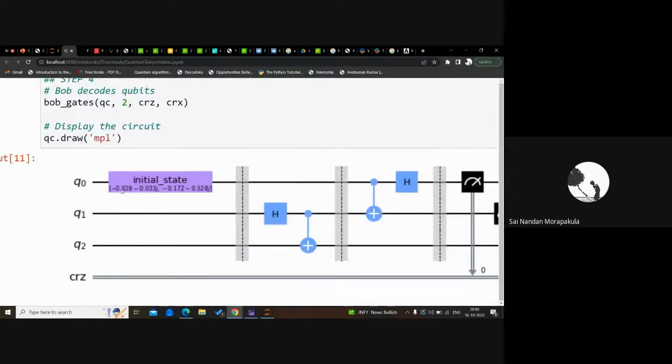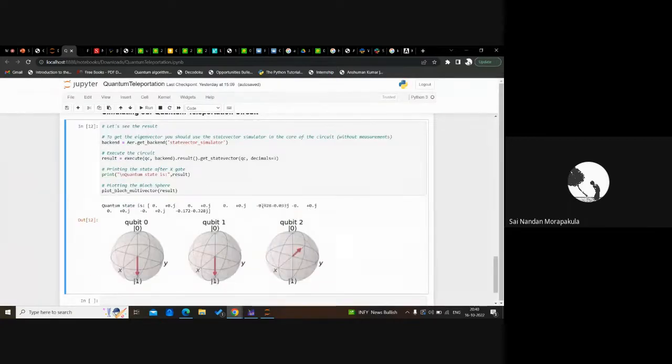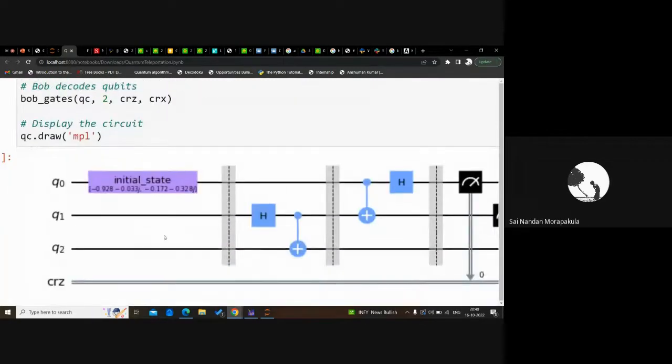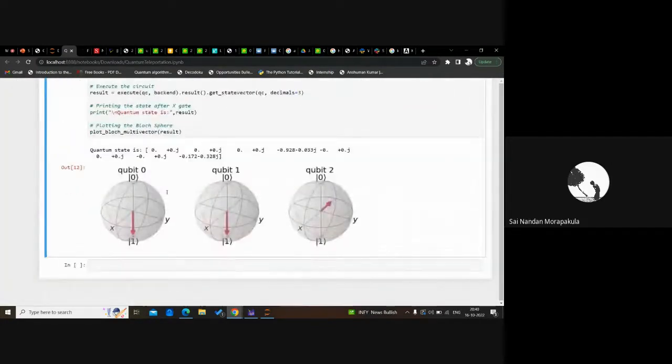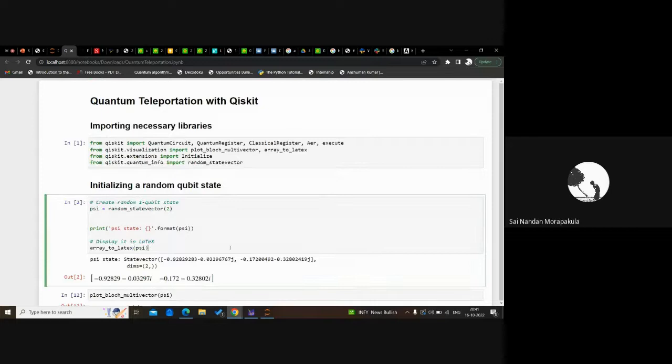If you can see, minus 0.928 minus 0.033j, minus 0.298 minus 0.33j, and then minus 0.172 minus 3.28j, is the initial state that Alice has got. Also, to add a point here, qubit 0 and qubit 1 will always be the same. The only thing that will change is qubit 2. For example, let me quickly run this again.